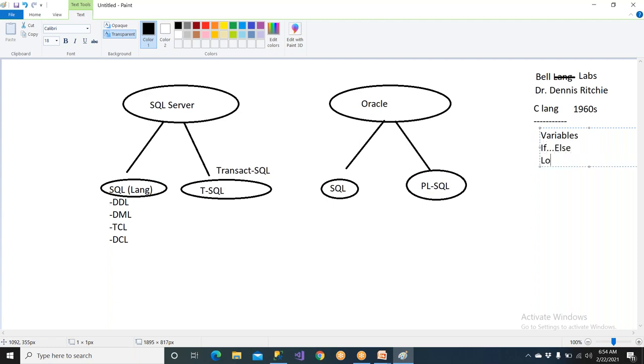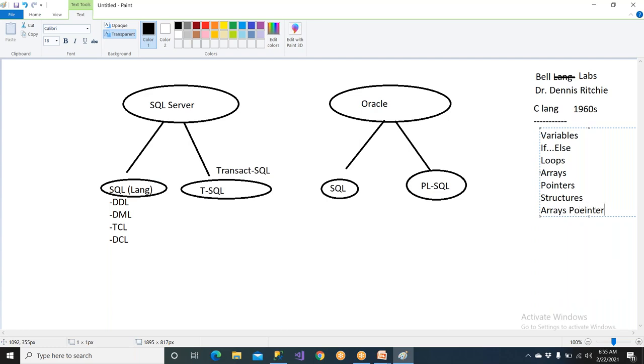Then we create a lot of loops and do a lot of other things. Okay, we write arrays, right? We write pointers, and we create structures. Okay, structures, all these are beautiful things, and we'll have arrays of pointers, right?